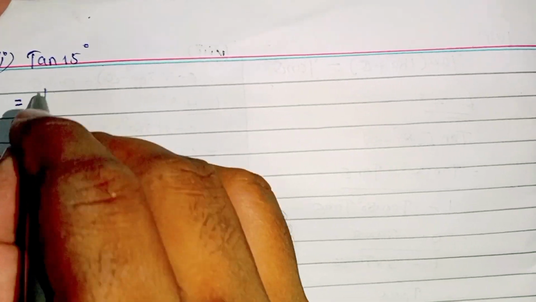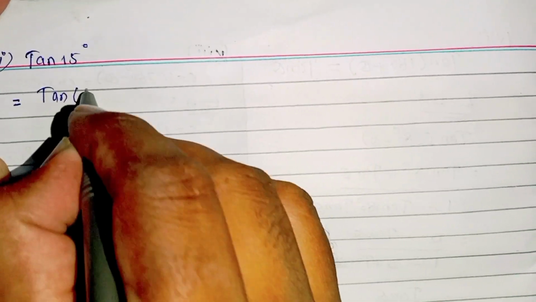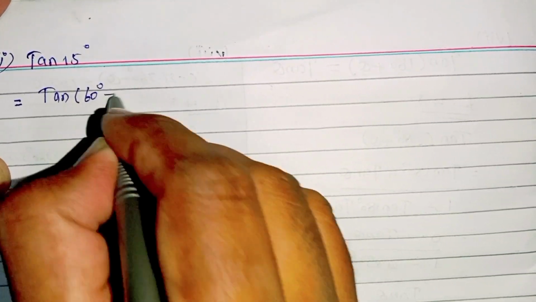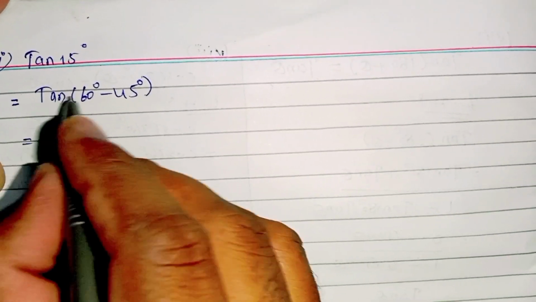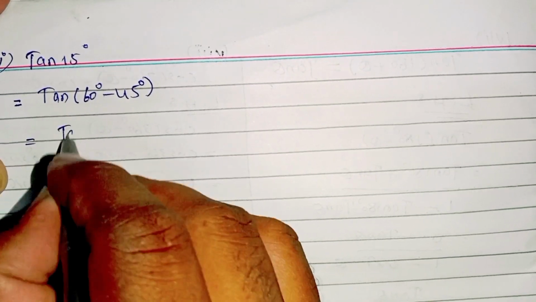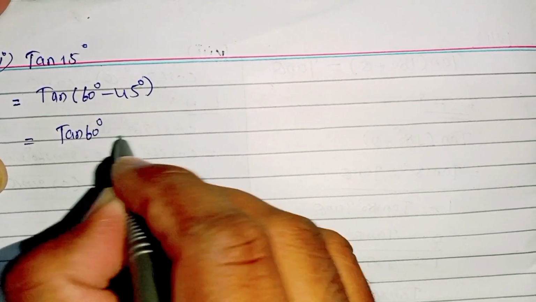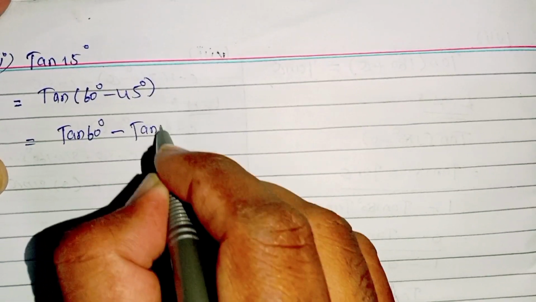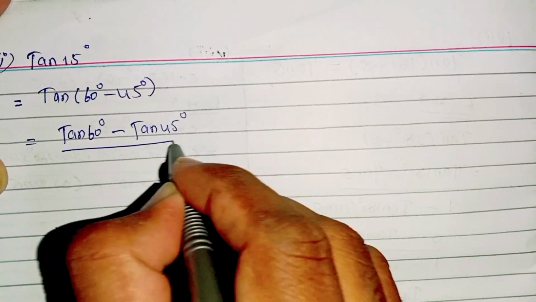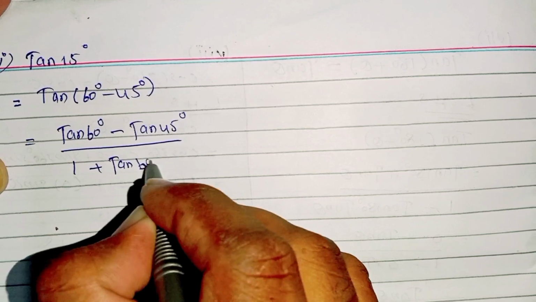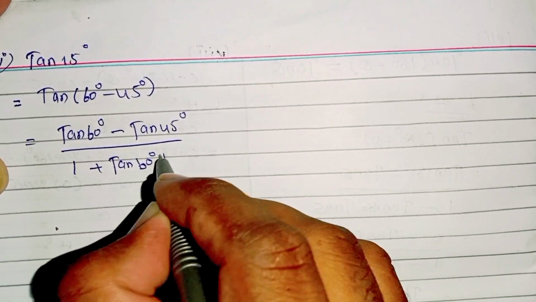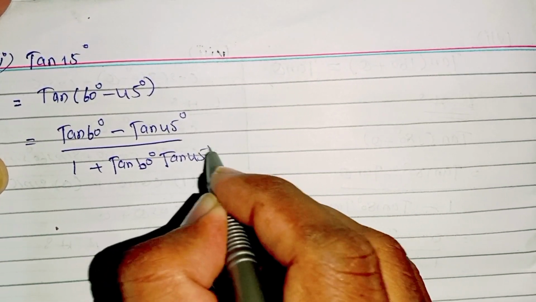Tan 15 degree can also be written as tan of 60 degree minus 45 degree, and we use the formula tan alpha minus beta: tan 60 degree minus tan 45 degree over 1 plus tan 60 degree multiplied by tan 45 degree.